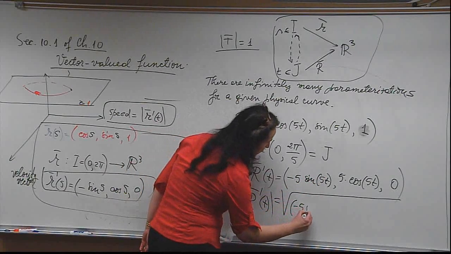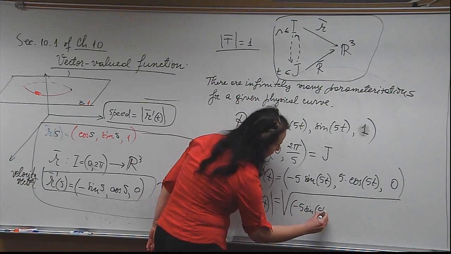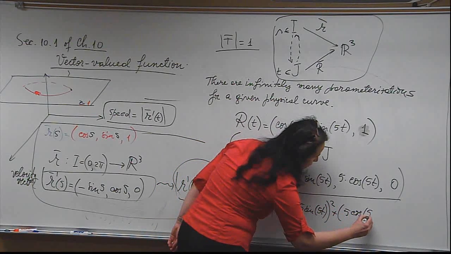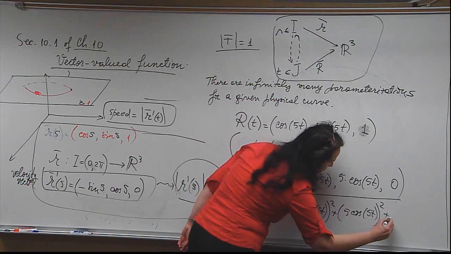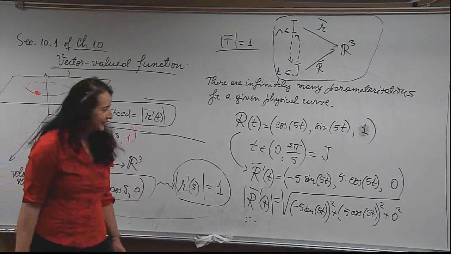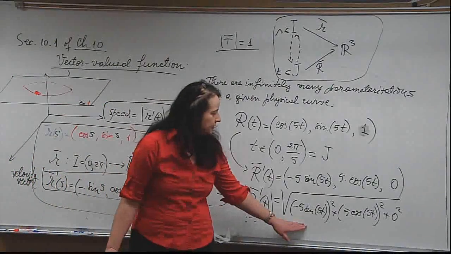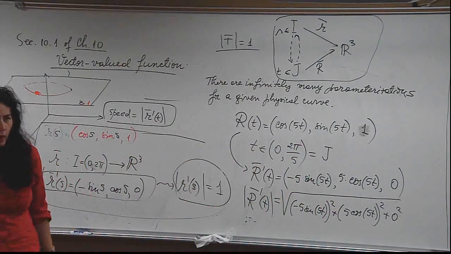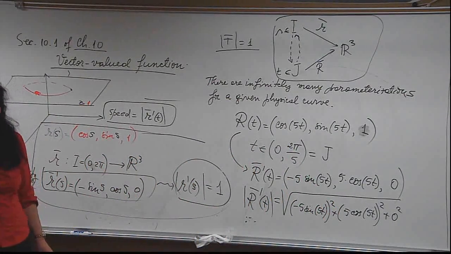Let me take it and square it, because I see one face is confused. Okay? So I have the square root of this plus that plus that. I'm computing the magnitude. What do I get out of here? 5, excellent.